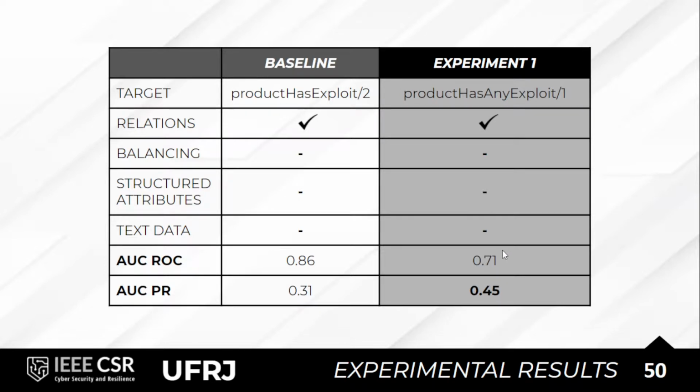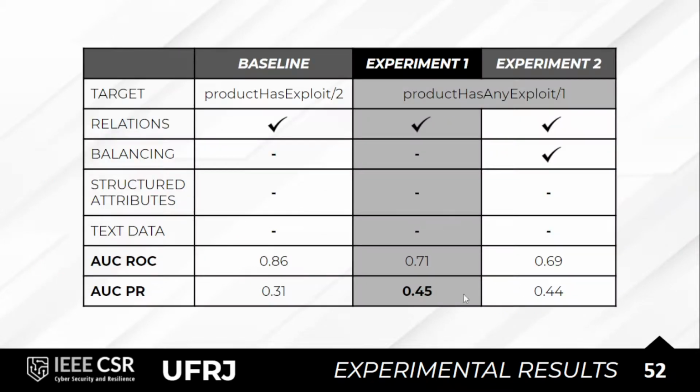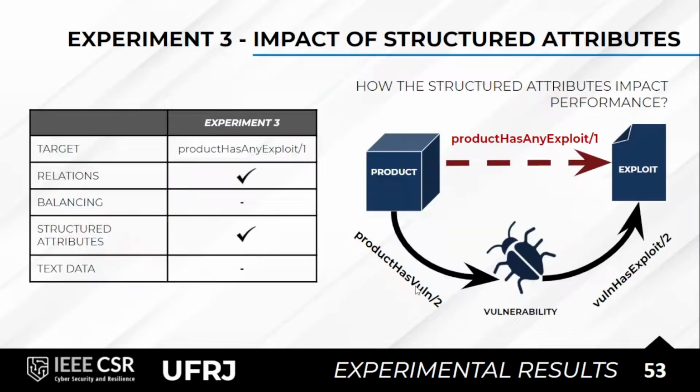Following our methodology, experiment 1 will be chosen and refined to give rise to the next experiment, since it has the highest AUC-PR. This time we considered the balancing of classes as a refinement, but no improvement was observed, and for this reason we still continue with experiment 1 as the starting point for our next experiment.